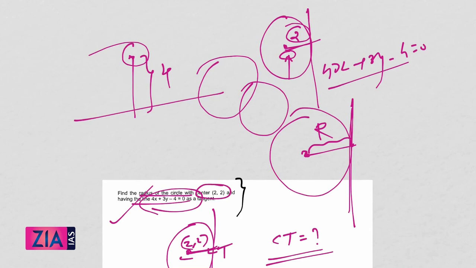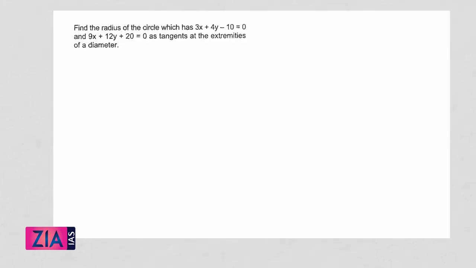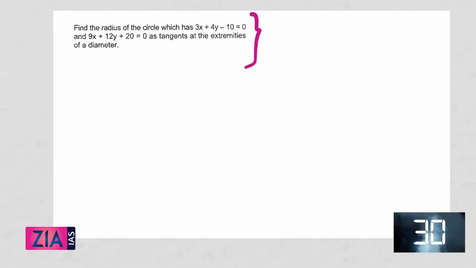Now let's take one more question. Okay, take a look at this question and solve it. You take 1 minute and solve this question.